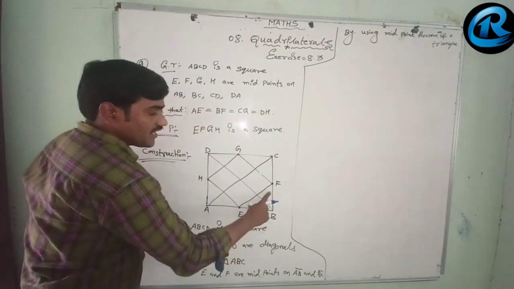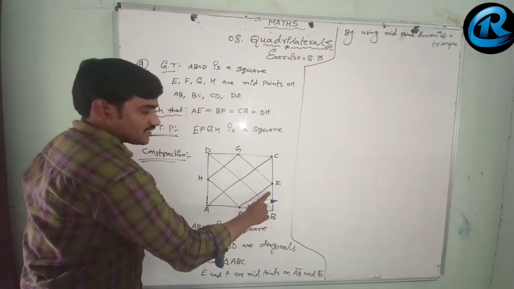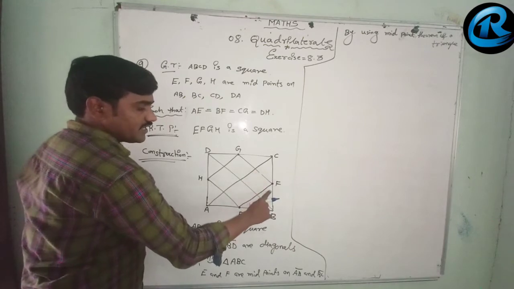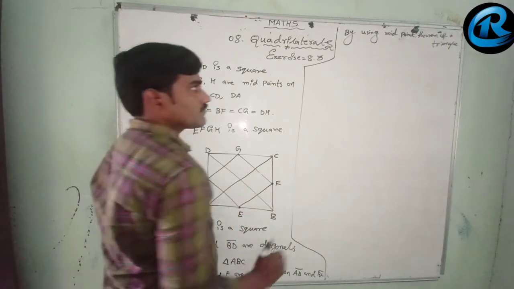We know that EF is half of AC and EF is parallel to AC.